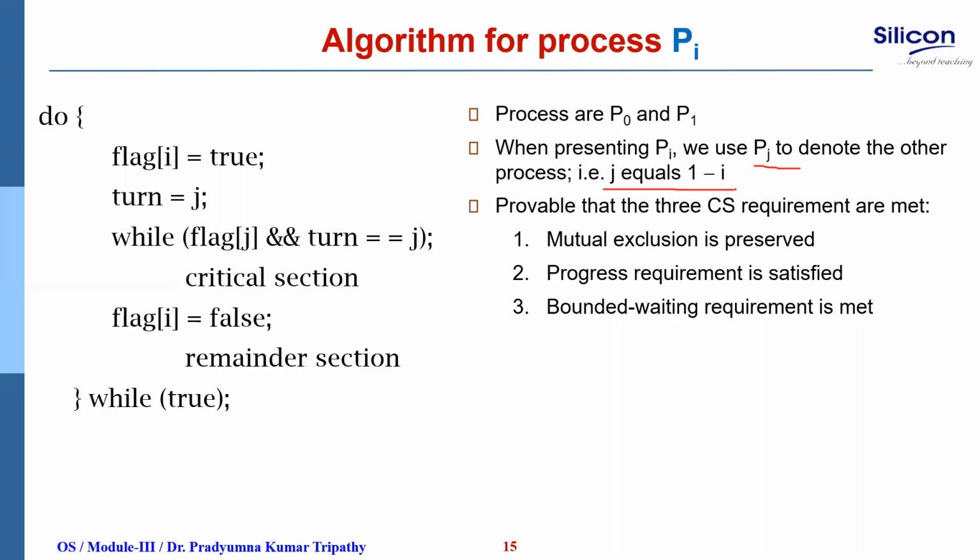Just look into this algorithm. The algorithm says initially the flag is false for both. For both, it is false. So we have two locations over here. Both are false initially.